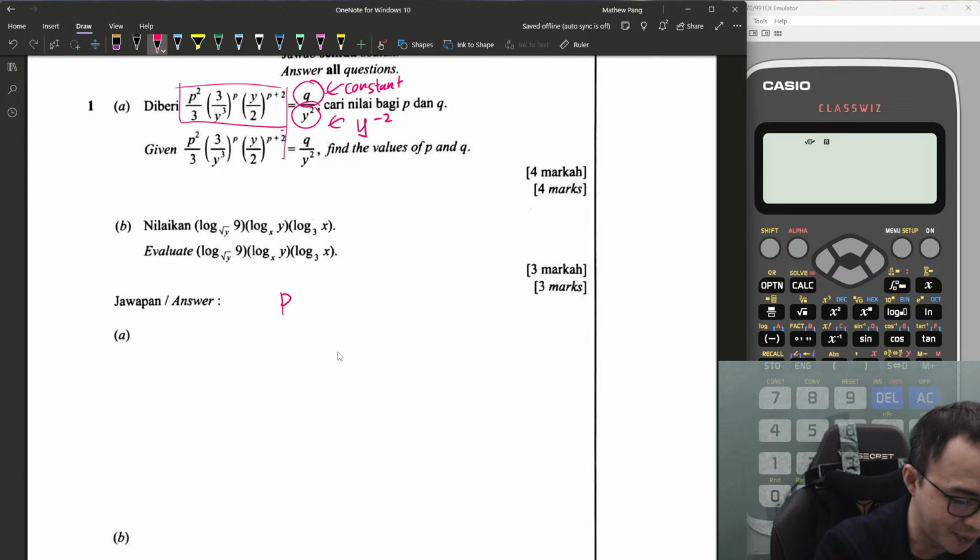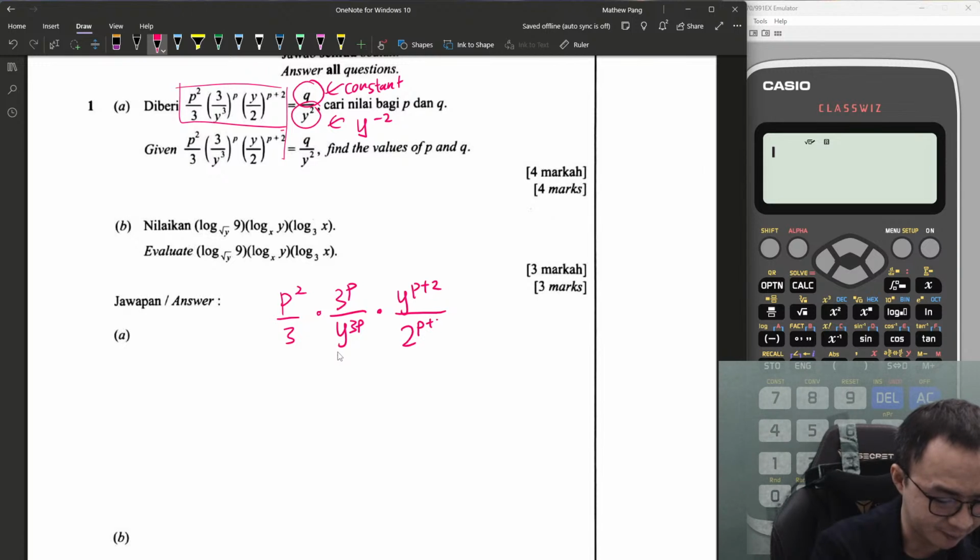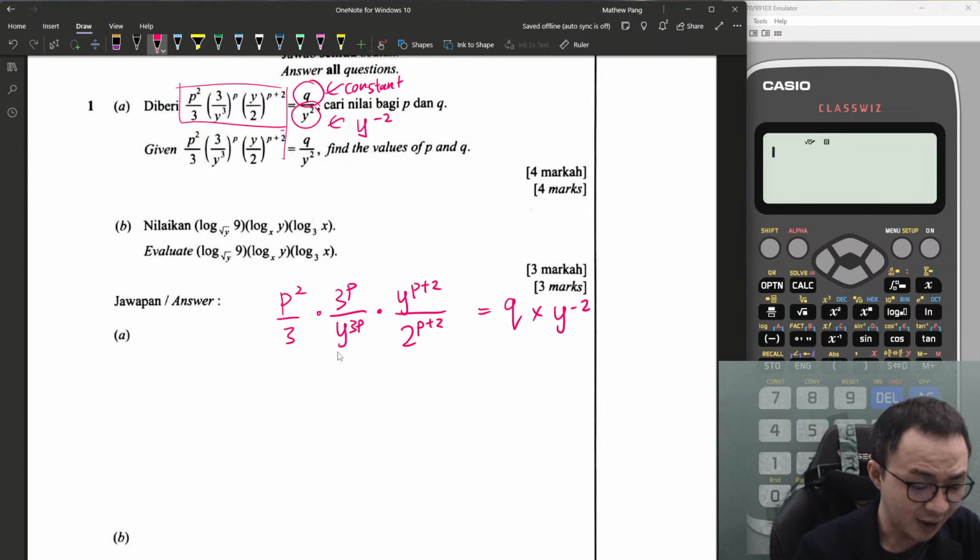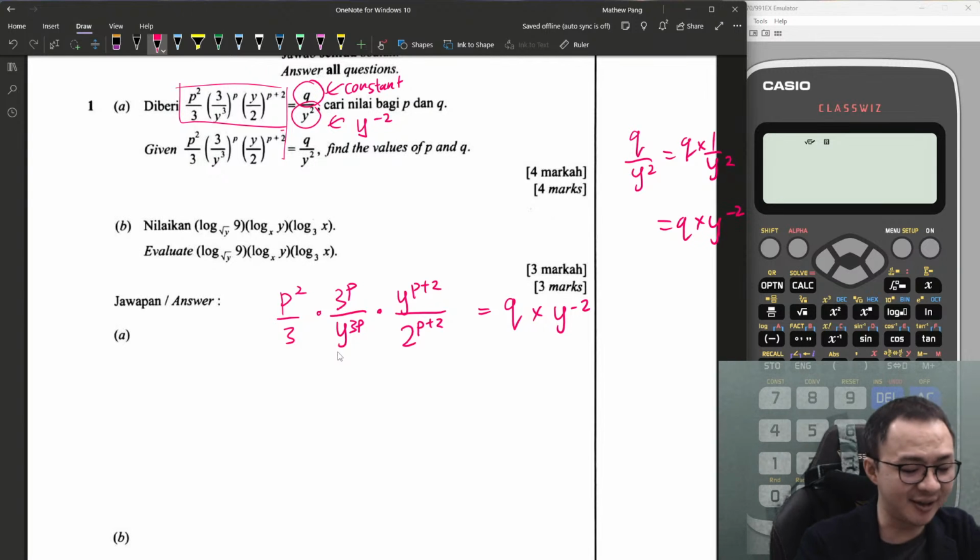So I have P squared over 3, which is all constant, multiply 3 power of P over Y power of 3P, multiply Y power of P plus 2 over 2 power of P plus 2, equals to Q multiply Y power of -2. Because Q divided by Y square is the same as Q multiply 1 over Y square, which is Q multiply Y power -2. This is indices. Don't tell me you have no idea what is going on here.